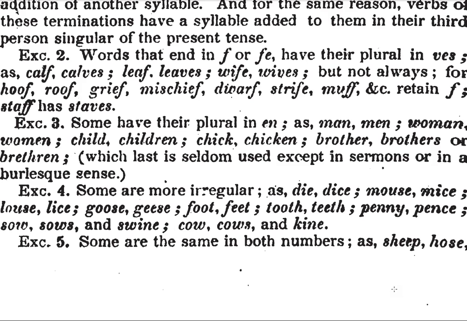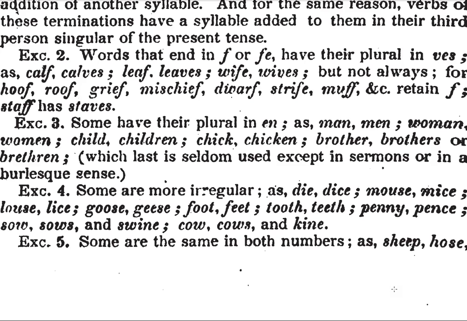Some have their plural in N, as in man, men, woman, women, child, children, chick, chicken, brother, brothers, or brethren. The last is seldom used except in sermons or in a burlesque sense.